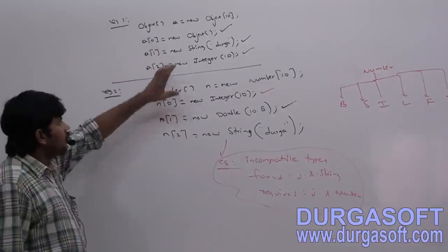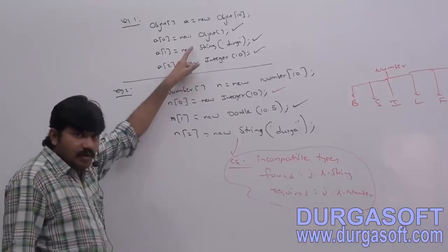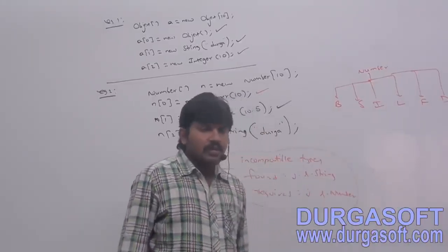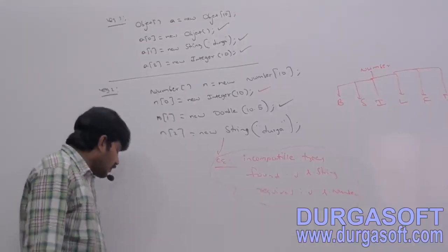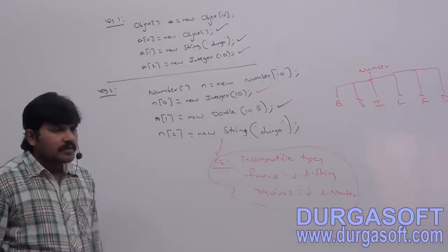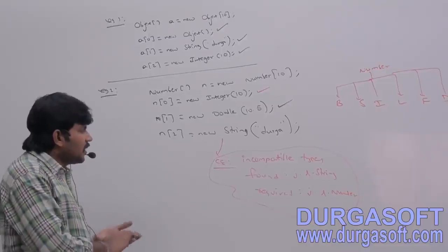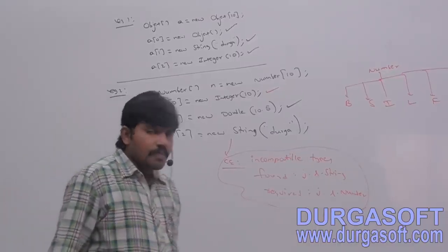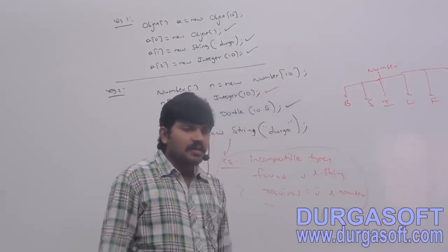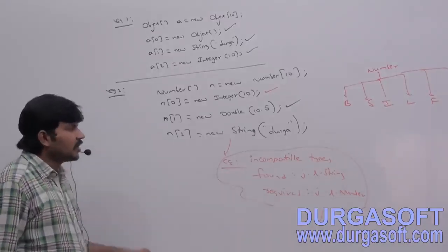In the case of object type arrays, as array elements, we can provide either the declared type objects or its child class objects.